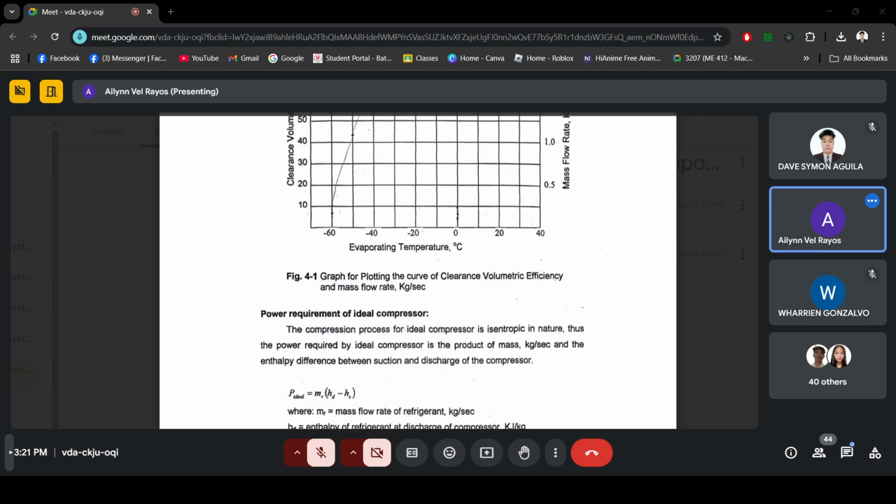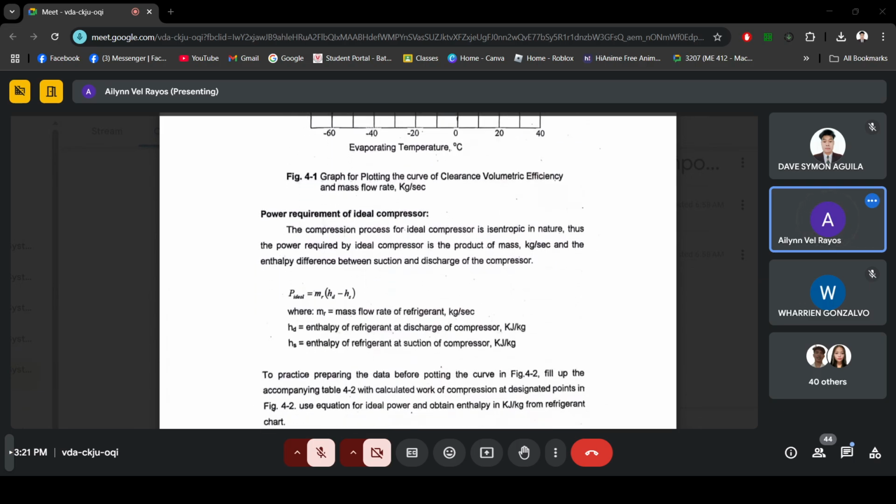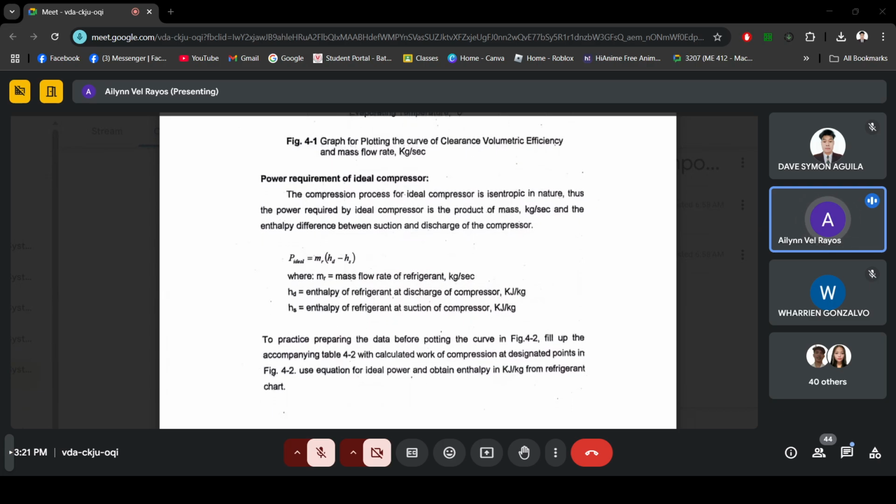Next one that we have here is the power requirement of the ideal compressor. This is the same as how you get the work in the compressor. The compression process for an ideal compressor is isentropic in nature. Thus, the power required by the ideal compressor is the product of mass, kilogram per second, and the enthalpy difference between suction and discharge of the compressor.